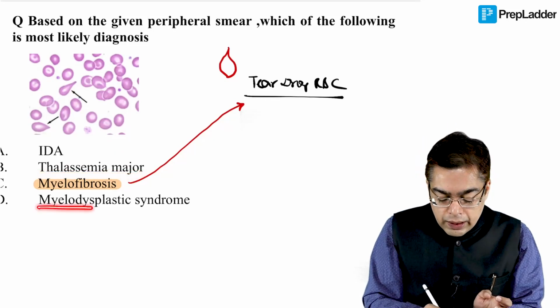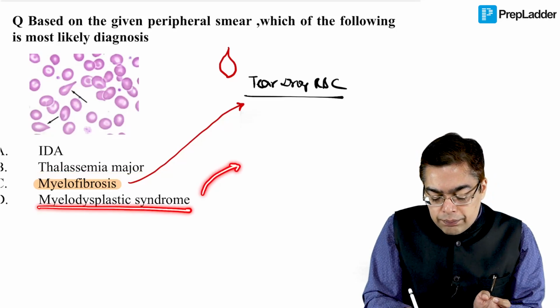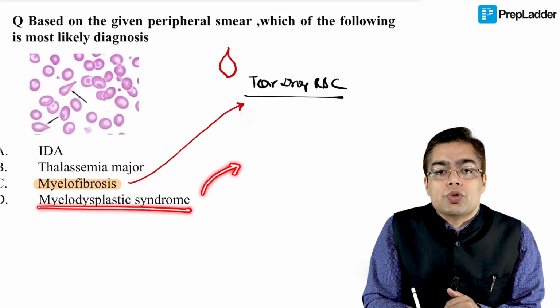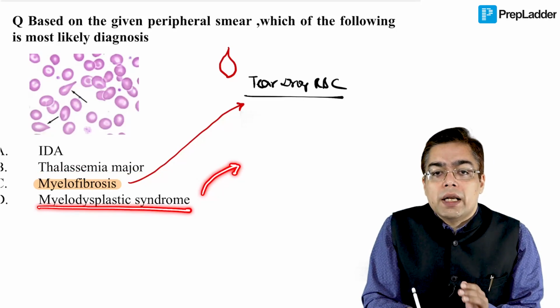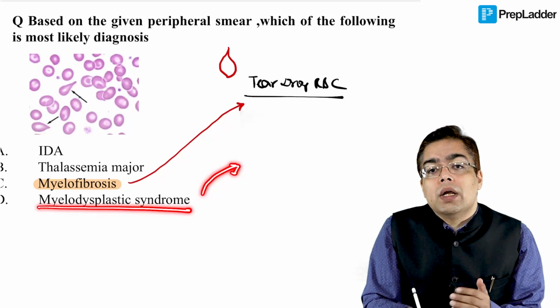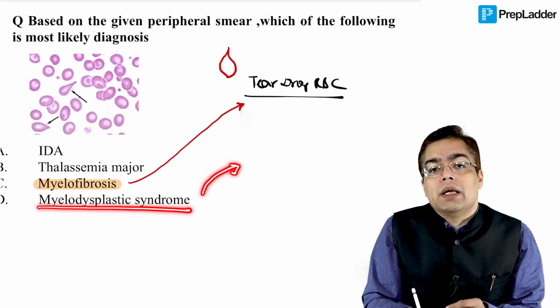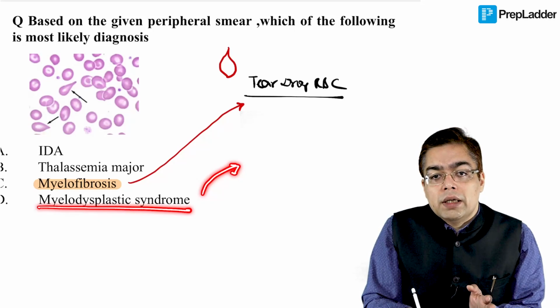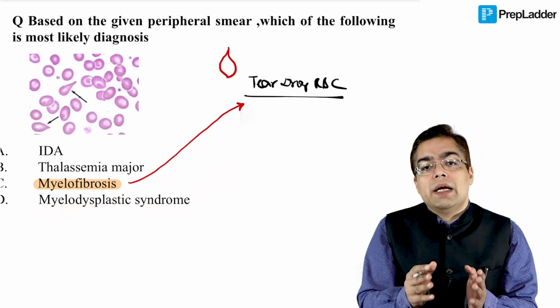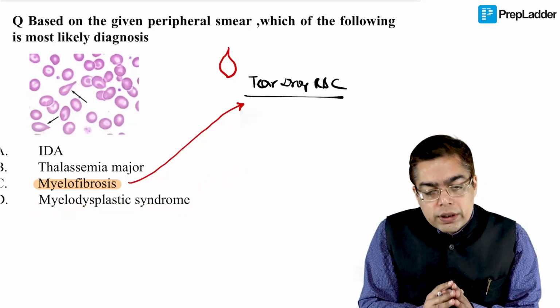When we are talking about something like myelodysplastic syndrome, usually an example of an advanced kind of a topic, myelodysplastic syndrome is going to be associated with the presence of ringed sideroblast. You are having the presence of something like the Pelger-Huet anomaly, and we talk about something like the pawn ball megakaryocyte in case of myelodysplastic syndrome. So even if you have a slight idea about myelodysplastic syndrome, that is more than sufficient.